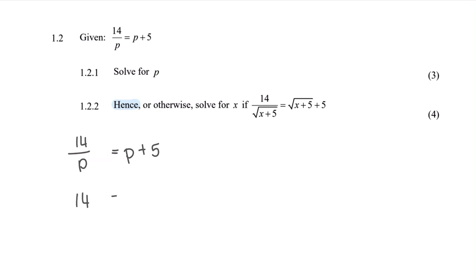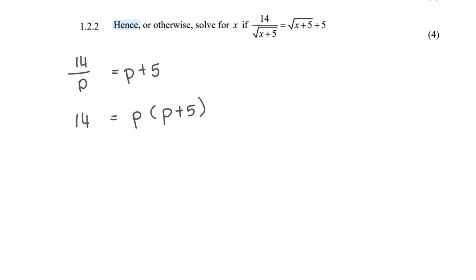But you must be careful. You need to put the other side in brackets, otherwise the p will only apply to the first p. It won't be factored into the 5 as well. So from here you would say that 14 equals p squared plus 5p.